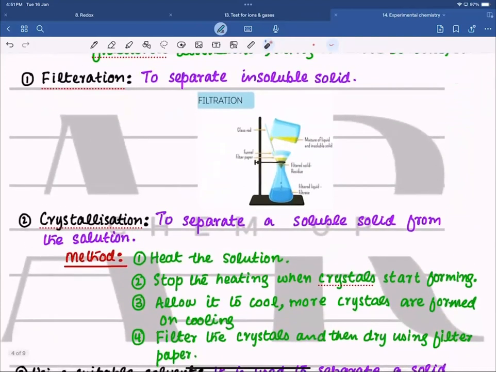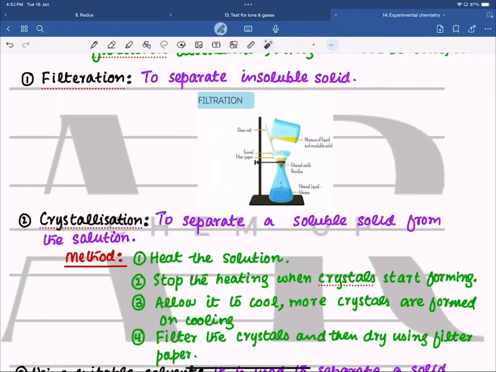If we have to obtain crystals of a soluble salt from the solution, then we will perform crystallization. These are the four steps. We heat the solution, but we do not heat it till dryness. Instead, we heat the solution and observe it. The solvent starts to evaporate.